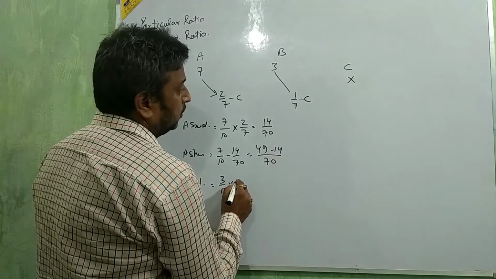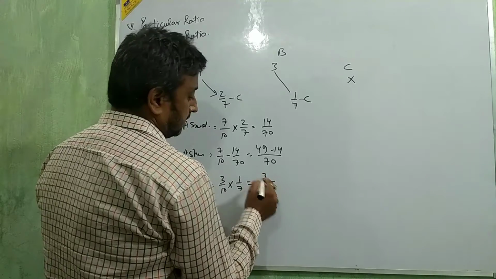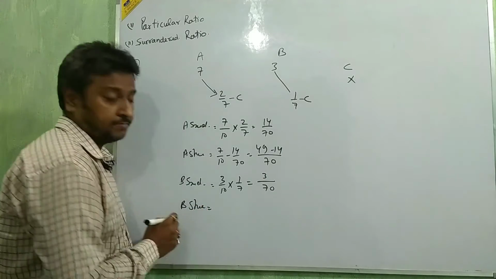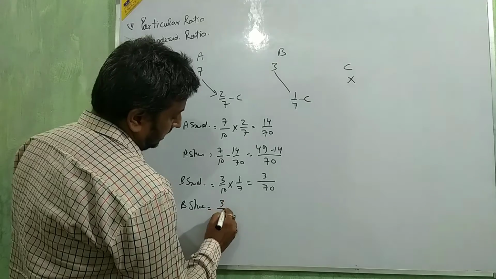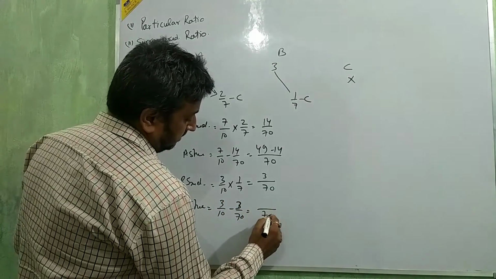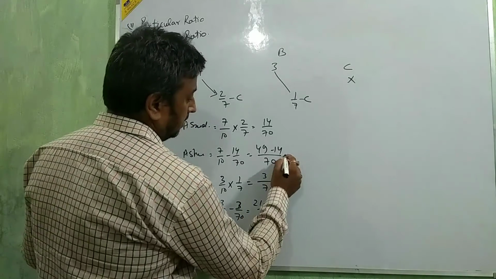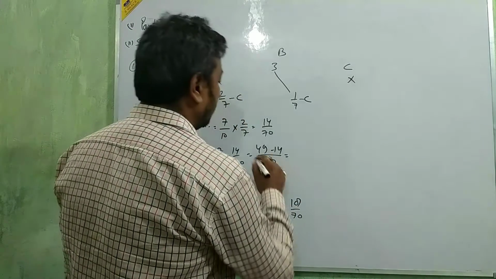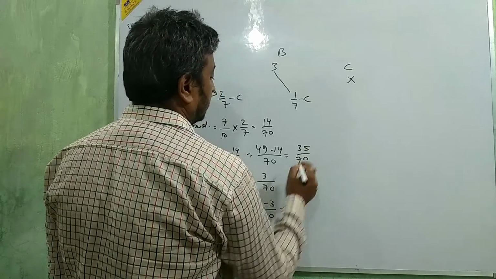Then B surrenders 3/10 into 1/7, which means 3/70. Then B's share is 3/10 minus 3/70, that is 21 minus 3, which means 18/70, and A is 35/70 in the new ratio.